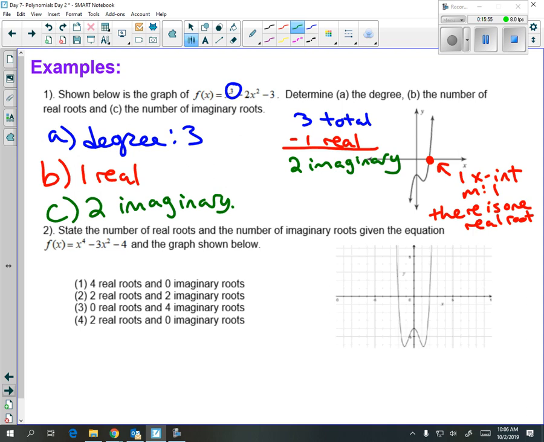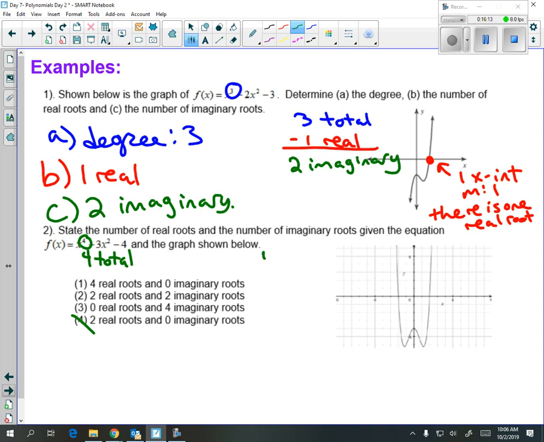Before you even start doing the next problem, you should notice that there are 4 total solutions. And if you read your answer choices, choice 4 only has 2 total, which is definitely wrong.